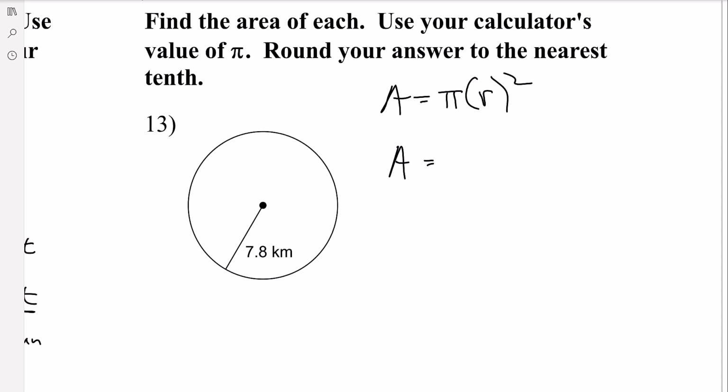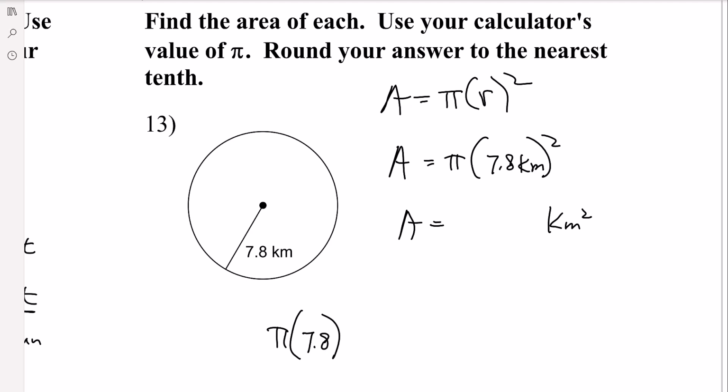Okay, for the area, same thing, it's pi r squared. So area equals pi, our radius is 7.8 kilometers squared, and then your answer will be in kilometers squared. All right, so in your calculator, just type pi, left parentheses, 7.8, right parentheses, the x squared button.